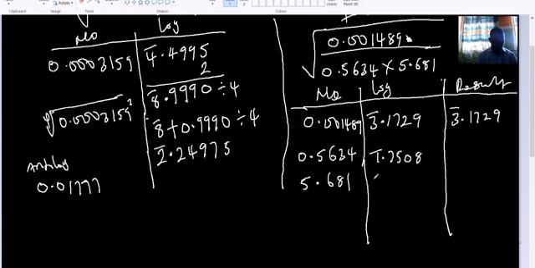Again, what is the log of this? Since this one is only 1 unit, what you have here is 0. If you press your calculator, it will just give you directly, log 5.681, 0.7544. All right.